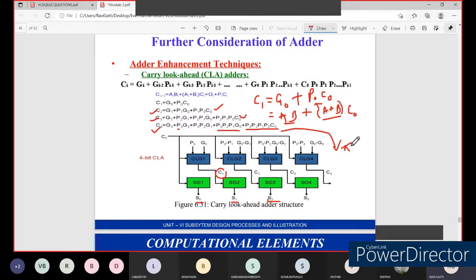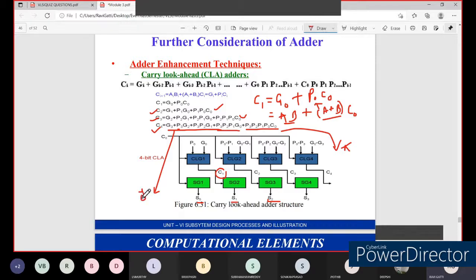Similarly, G3 plus P3 G2 plus P3 P2 G1 plus P3 P2 P1 G0, the remaining terms, I can represent with one more variable, that we call lambda.